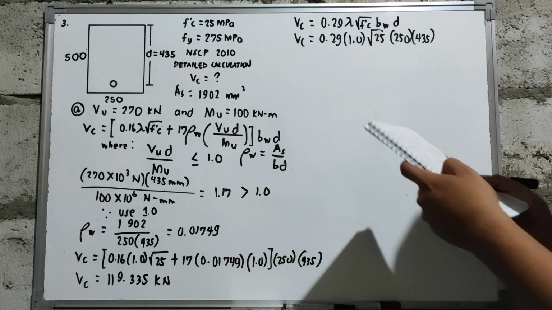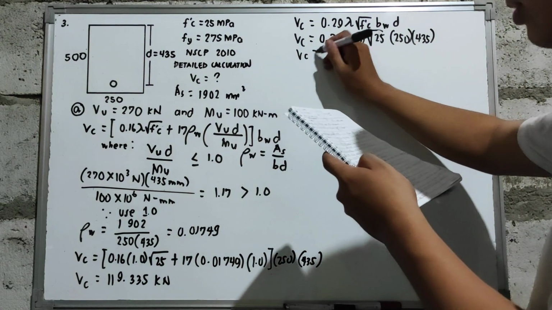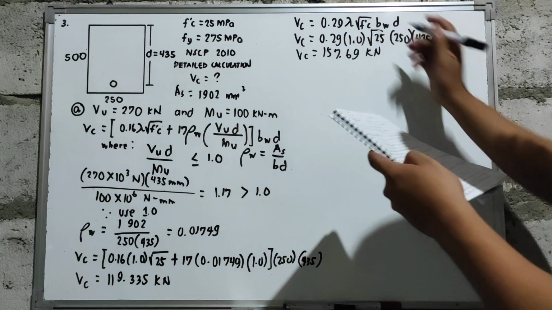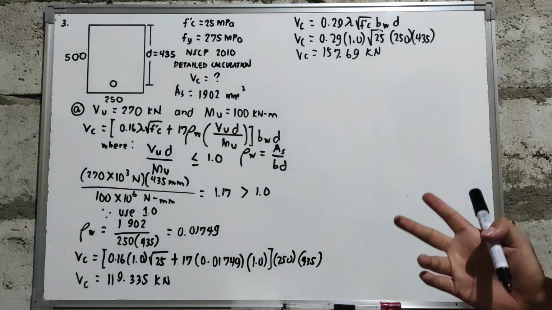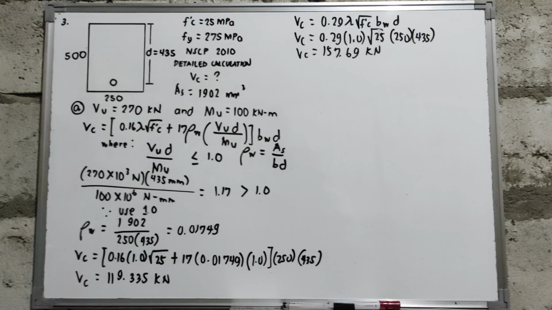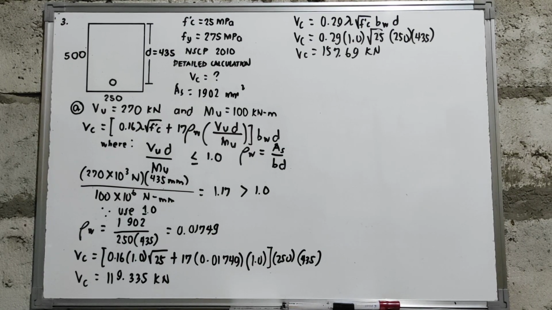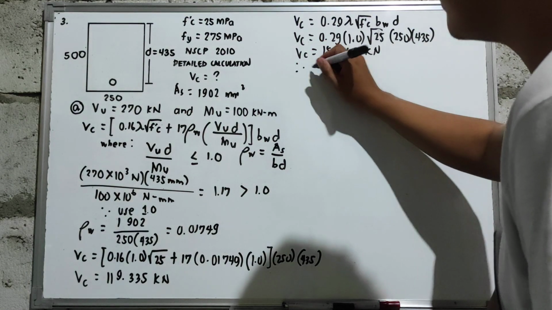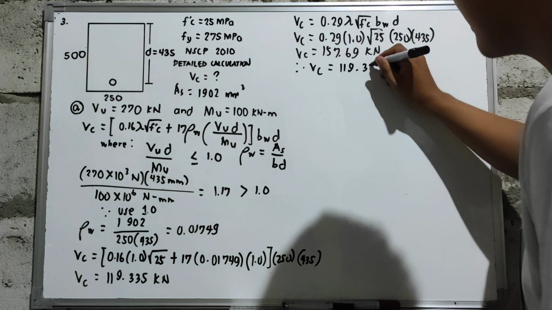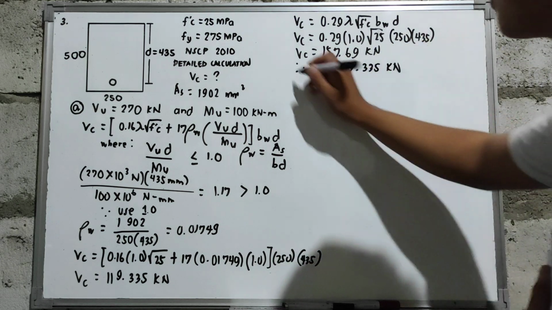So the value of your Vc is now equal to 157.69 kilonewton. So between the two, we adopt the smaller value of the two we got. Therefore, your Vc is now equal to 119.335 kilonewton.